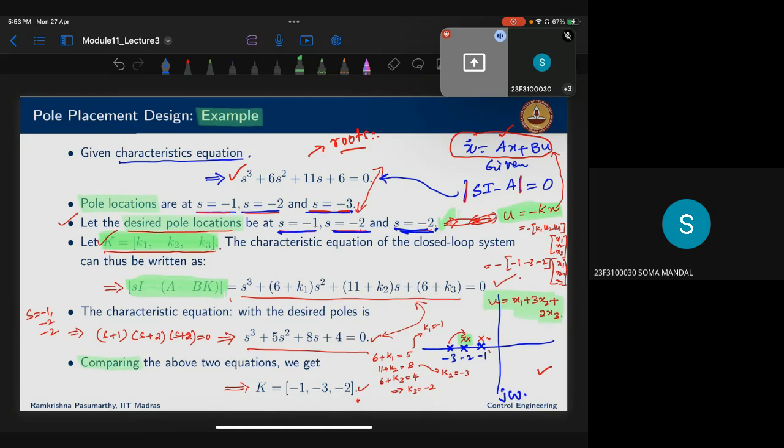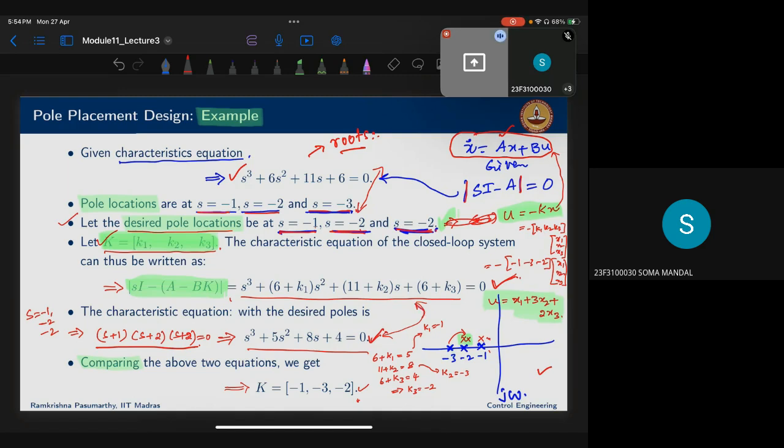Given A and B matrices, which I have not shown here, that gives this characteristic polynomial. Now we have these three poles, s equal to -1, -2, -3, whose product gives the characteristic polynomial (s plus 1)(s plus 2)(s plus 2).